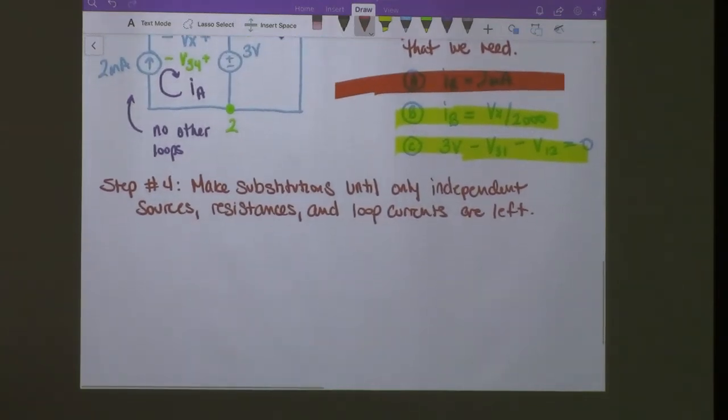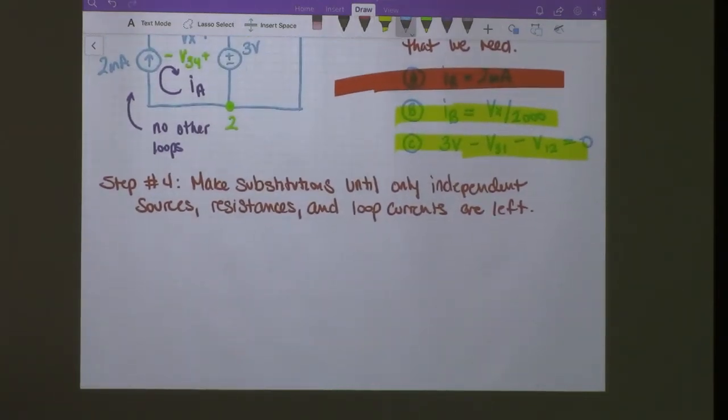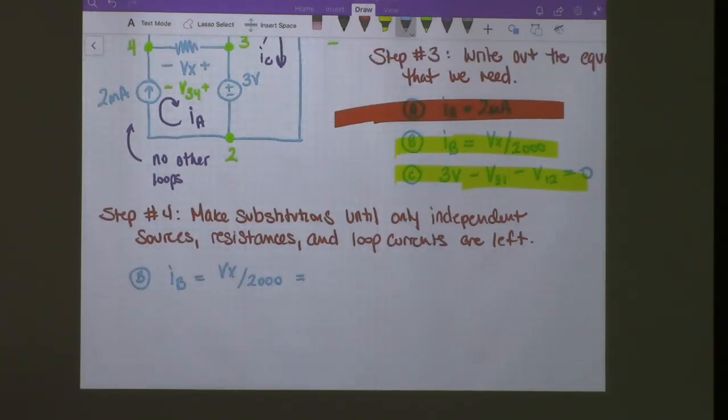All right, so let's look at this. So we have IB equals Vx divided by 2,000. Obviously, Vx is not an independent source. It's not a resistance, and it's not one of the loop currents. So we'll make a substitution for that.